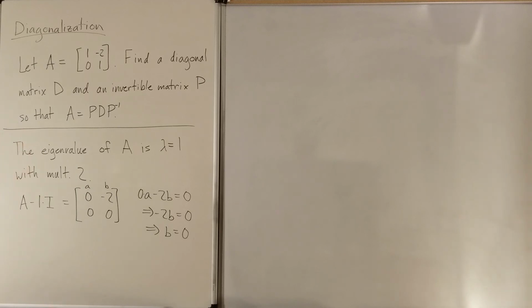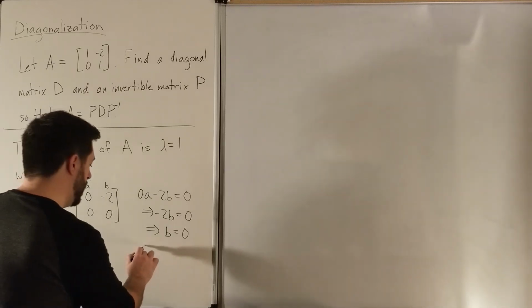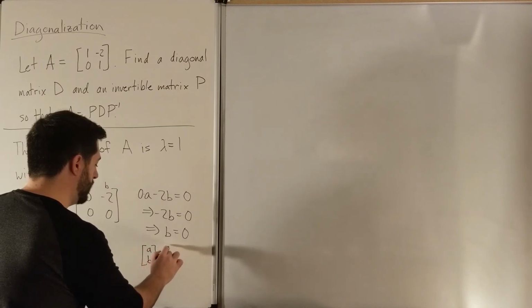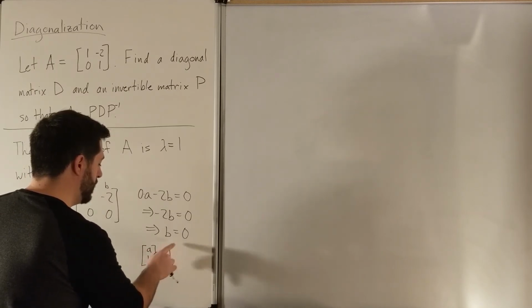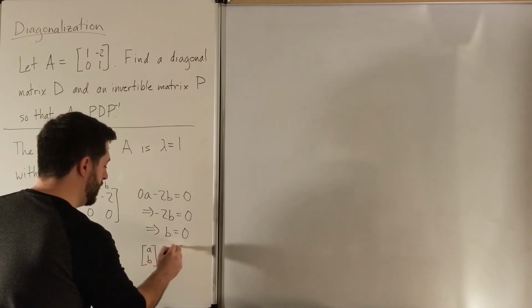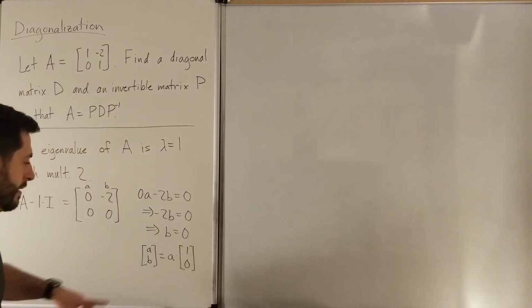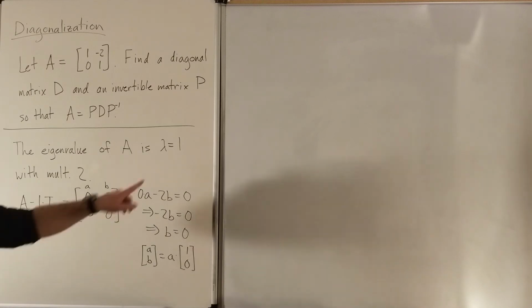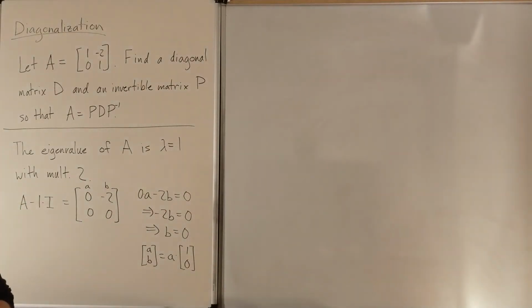So a can be anything, and b must be 0, and our vector (a, b) now looks like this. Factoring out the a, it's a times (1, 0). So any multiple of this vector right here is an eigenvector of A corresponding to lambda equals 1.